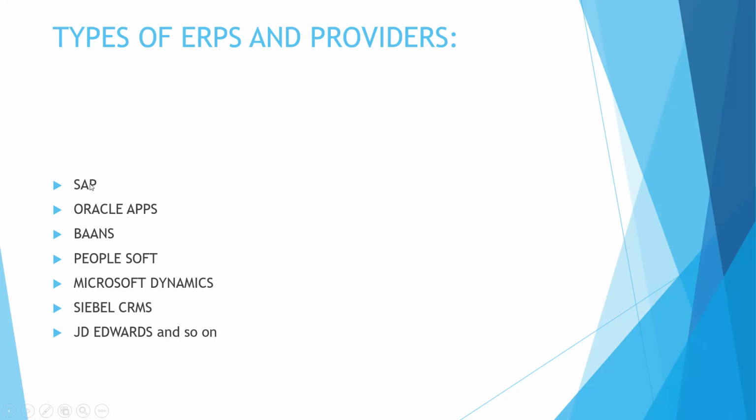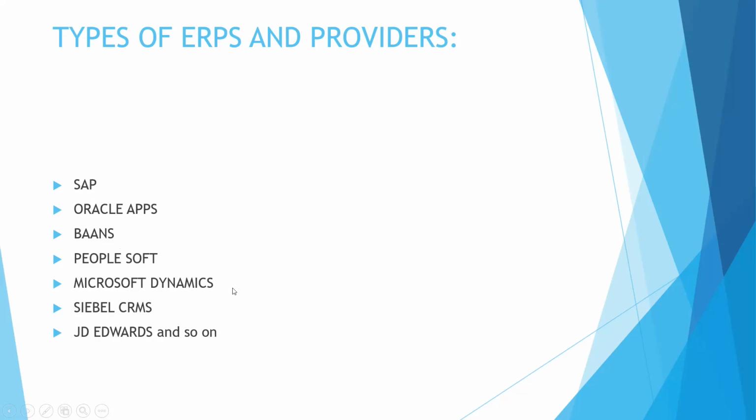This is in SAP. What are we going to learn? We are going to learn the sales and distribution module. Okay. So for a company, I'm just giving an example. ERP is, as I said, a package having different modules. Okay. Microsoft Dynamics, CRMs, JD Edwards, and so on.